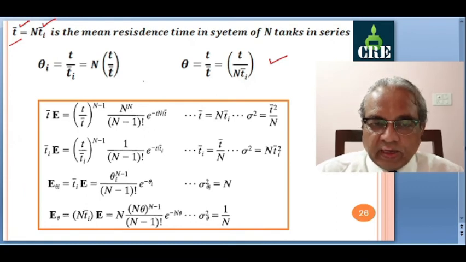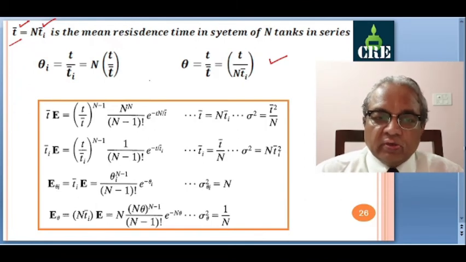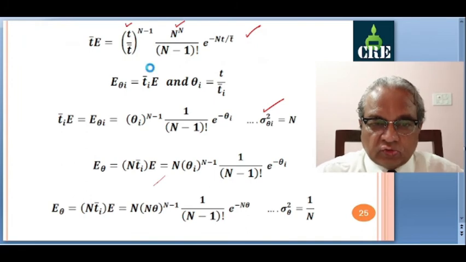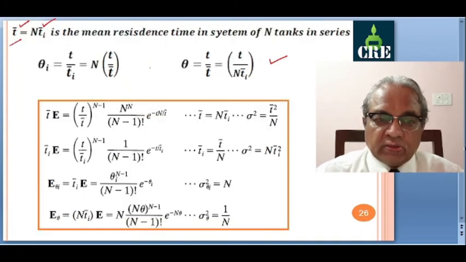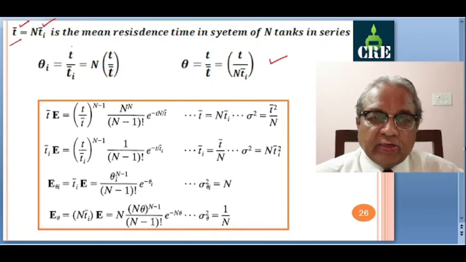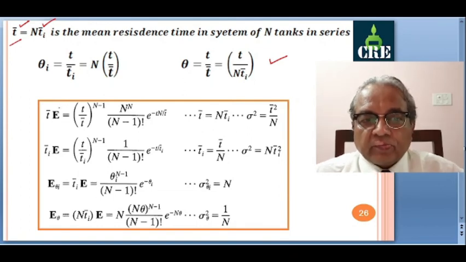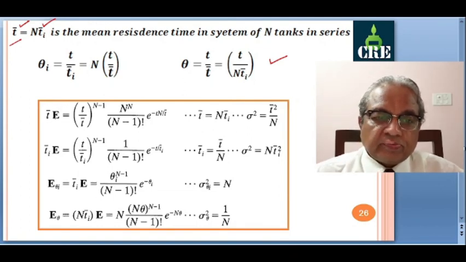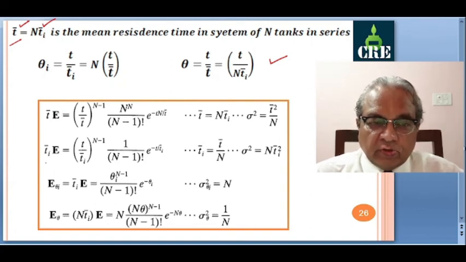So we have solved for tank 1 first, taken material balance and integrated the equation written in terms of first one C1 by C0, second one C2 by C0, third one C3 by C0 and so on. And finally we have written for n tanks. This is T bar into E for the system, Ti bar into E for individual units. This is T by T bar, and this will be naturally T by Ti bar, raised to n minus 1.